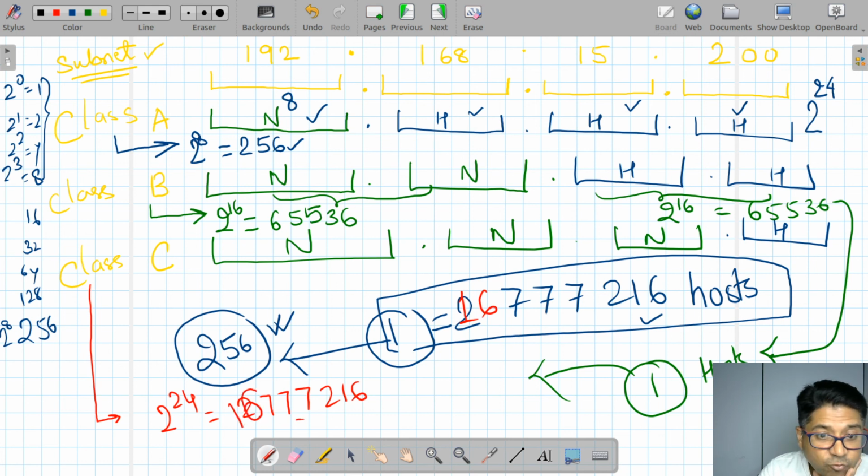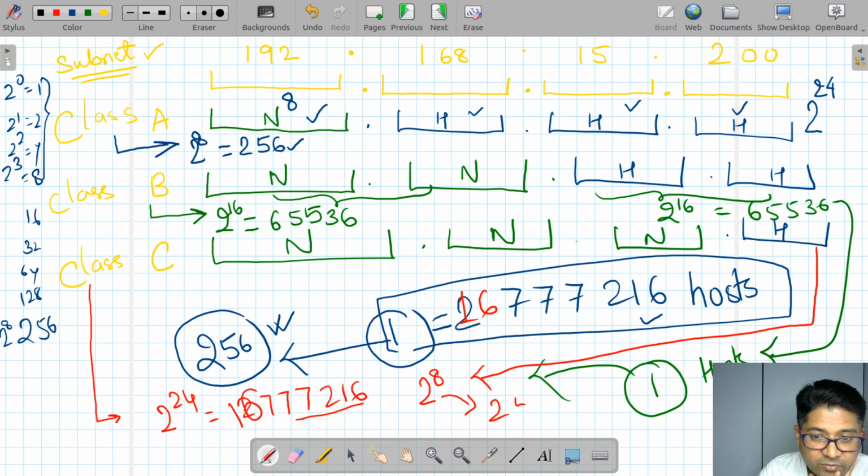This many networks, but it's good news: each network has 2 to the power 8, which is 256 PCs. That will be good, right? Yes, sir. Maybe 200 PCs, one company, one network.